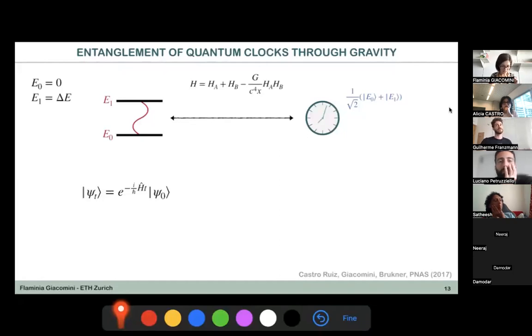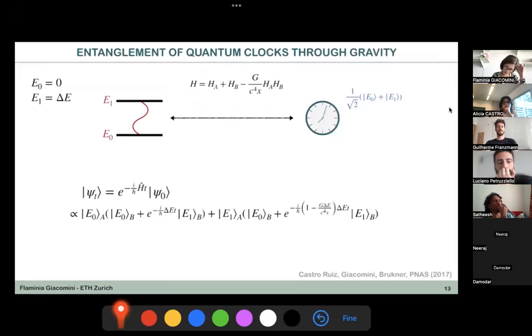Now, let's start from an initial state of the two clocks where we initialize each of these two clocks in the usual initial state that is a quantum superposition of the two energy eigenstates, and let it evolve with this Hamiltonian here. So let's focus on the clock A being in energy eigenstate E0.